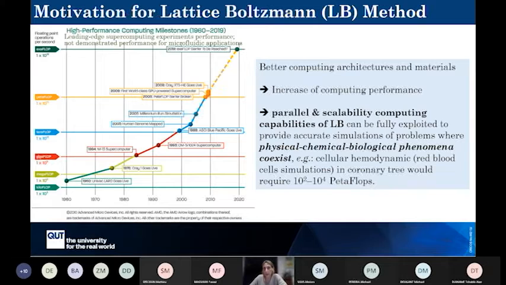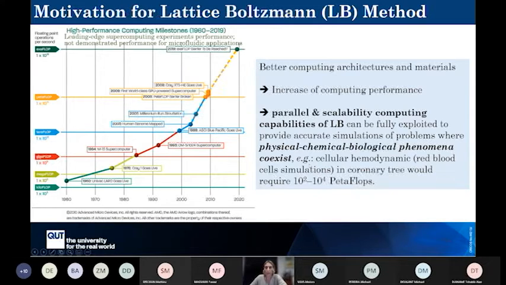So it really has some of those advantages that we can use for large scale simulations. And when I say large scale simulation in that case, it's really looking at very complex applications where we will have coexistence of physical, chemical, biological phenomena that are very common in bioengineering applications.